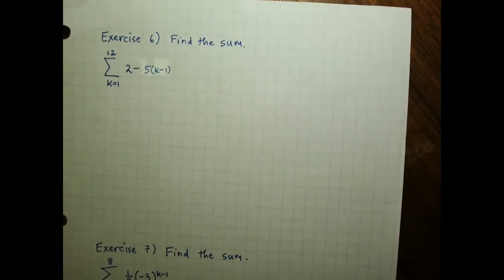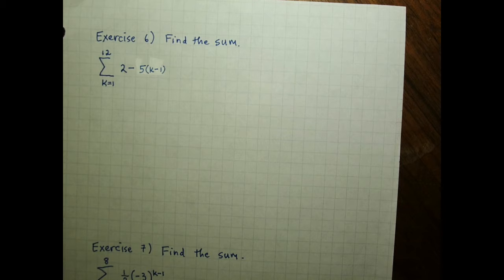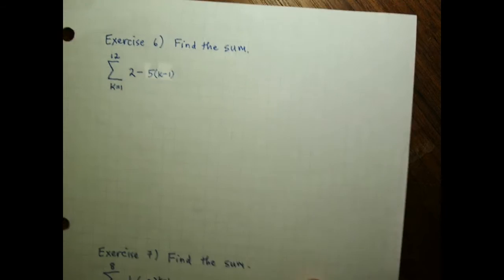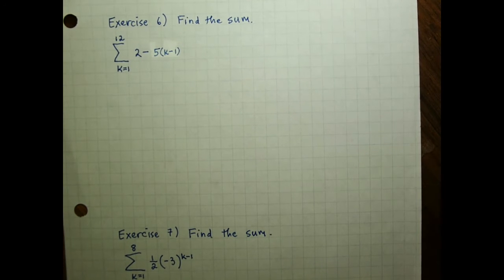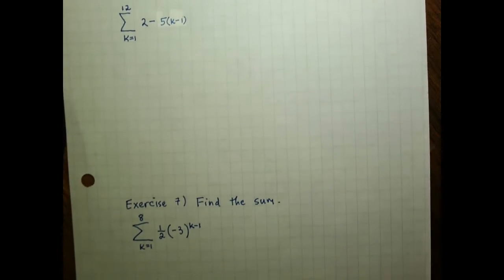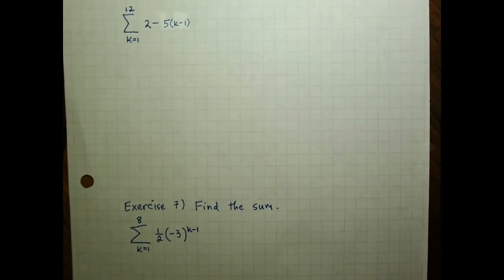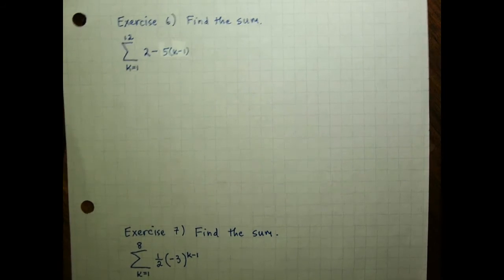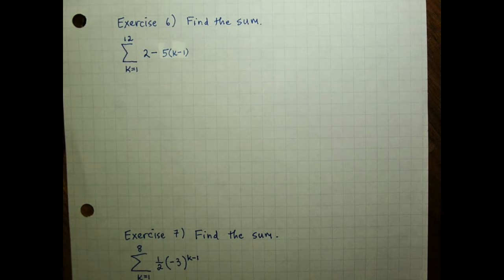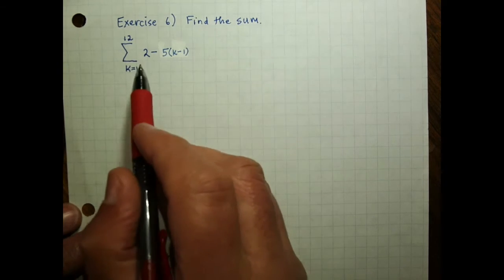We're actually going to go back to working with summation notation a little bit. And in exercise 6, we want to find a sum. And maybe you can just look at exercise 7 there at the same time. These are both summation notation expressions where we want to find a sum. Now, we can always write out summation notation.